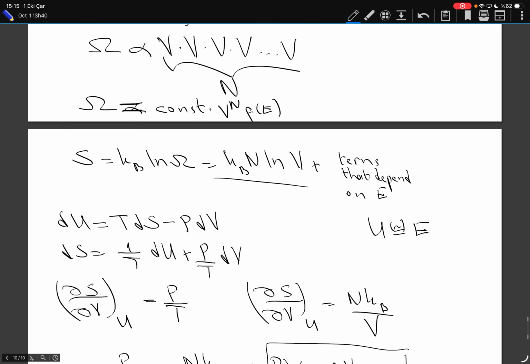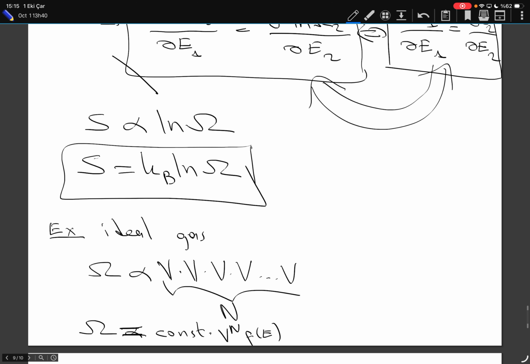Now, this identification, by the way, already tells me the third law of thermodynamics. The number of microstates that my system will have at zero temperature will be one. They are in the ground state. If omega is 1, the logarithm of 1 is 0, so entropy is 0.